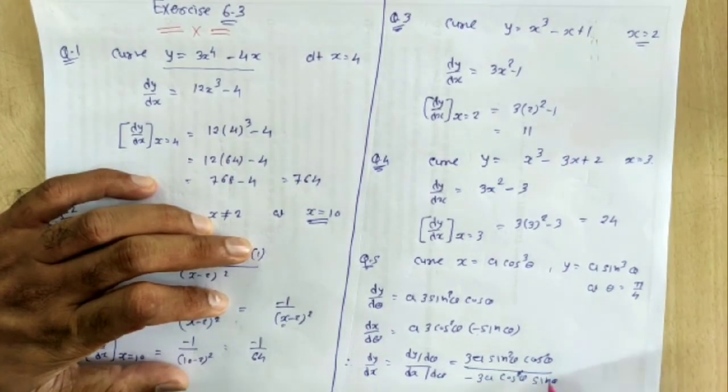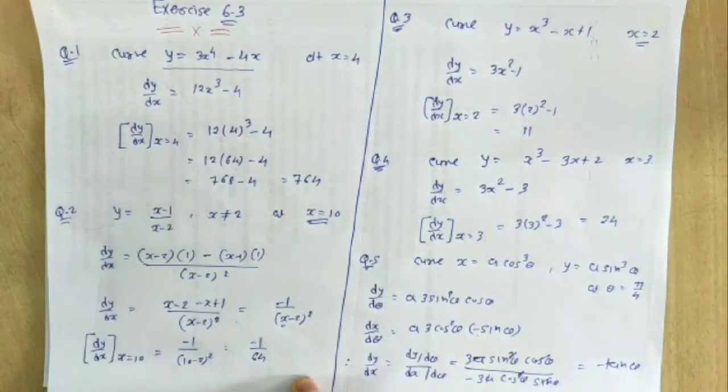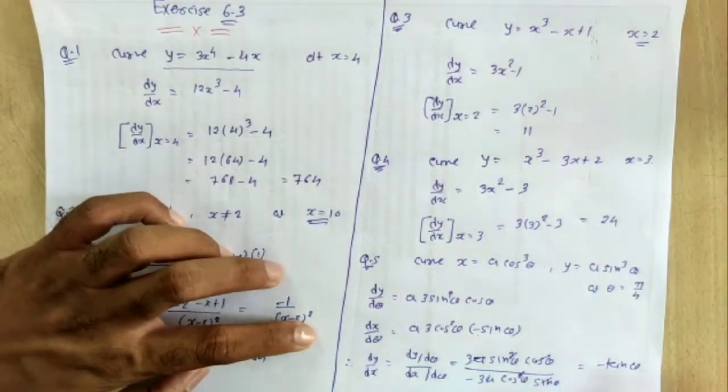So one cos cancels, one sin cancels, and 3a cancels. So that is minus tan theta. Done. So this is the slope of tangent.